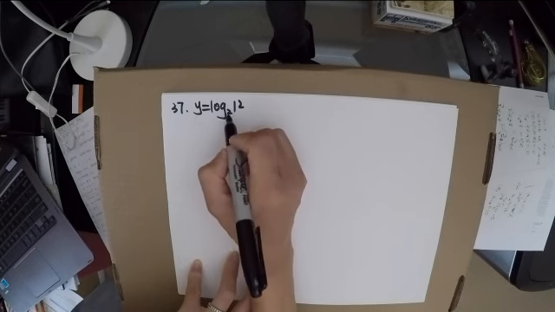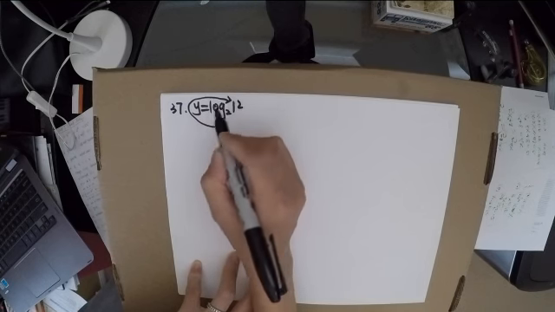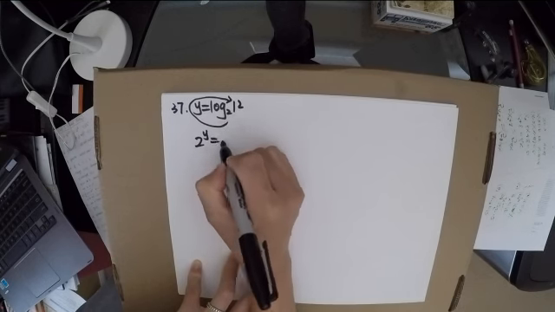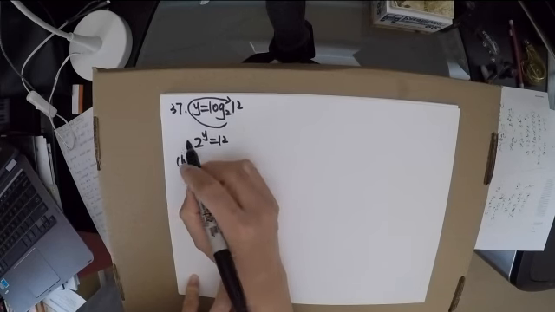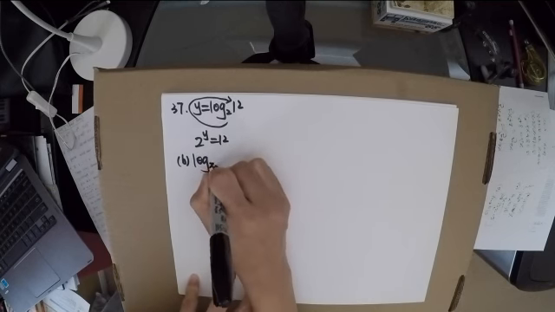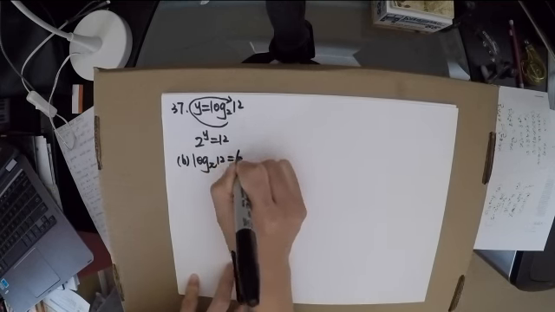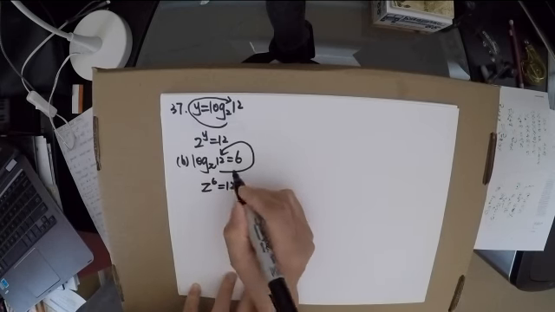As I said, I always draw the circle thing, like 2 to y power equals 12. So b, that's a, b is log base z of 12 equals 6. So draw the circle, it's z to the 6 power equals 12.